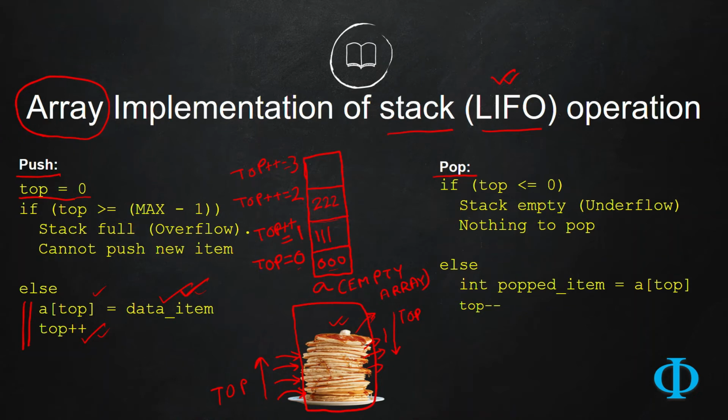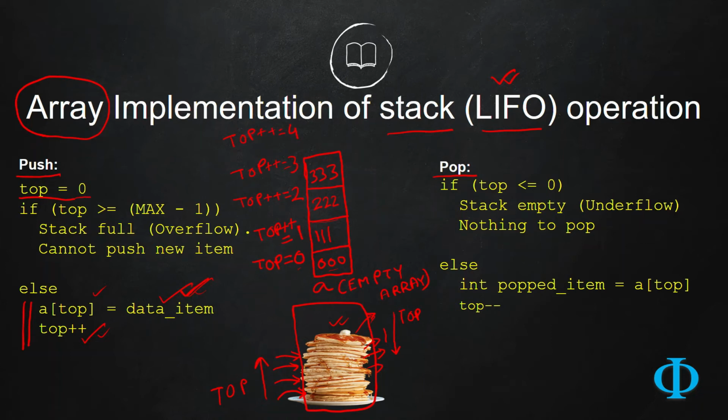Now if I want to insert another item, it will enter the data item first. Let's say I enter 333 over here, and then top is incremented by 1, that is top plus plus equals 4.